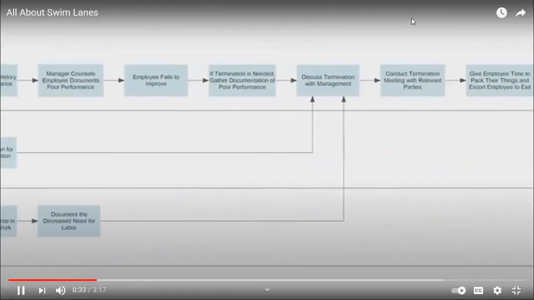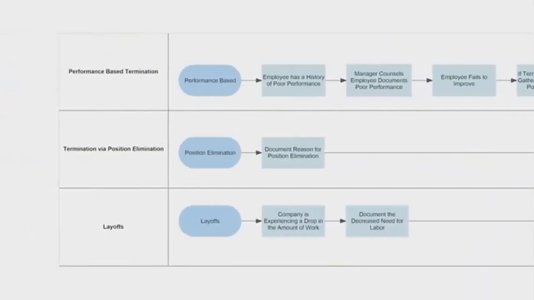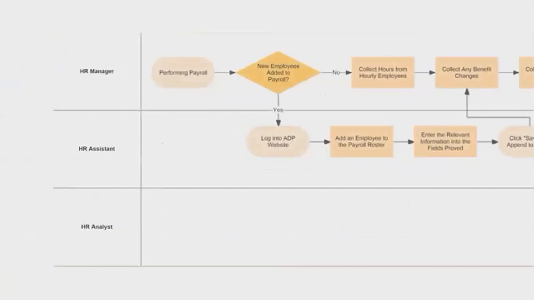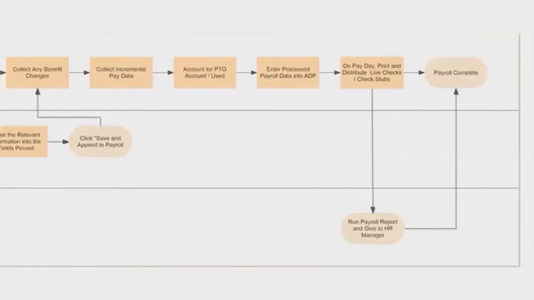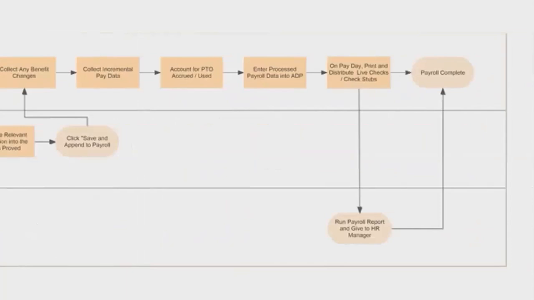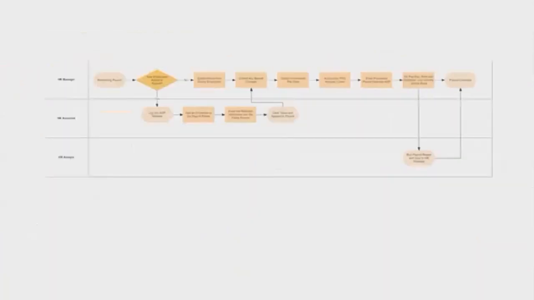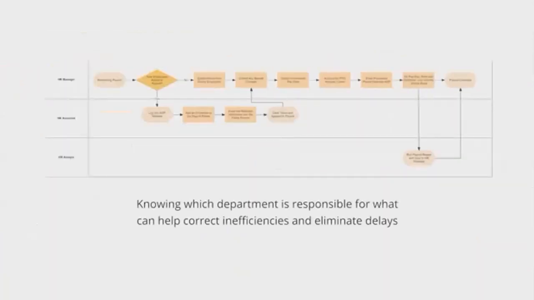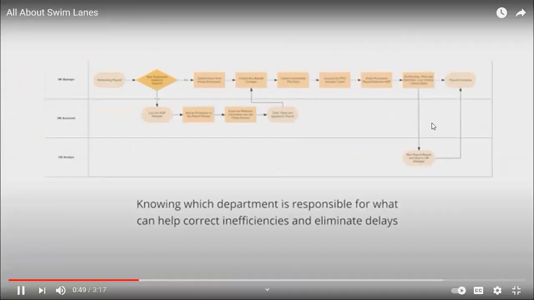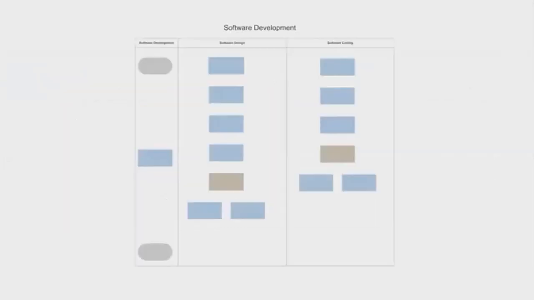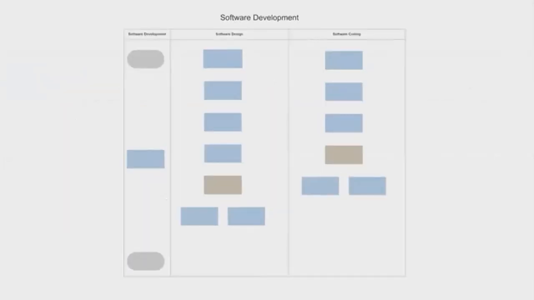These lanes are columns or rows that keep actions visually separated from others. A swim lane diagram makes responsibilities more clear than a regular flowchart. When looking to improve processes, knowing which department is responsible for what can help speed up the process of correcting inefficiencies and eliminating delays.